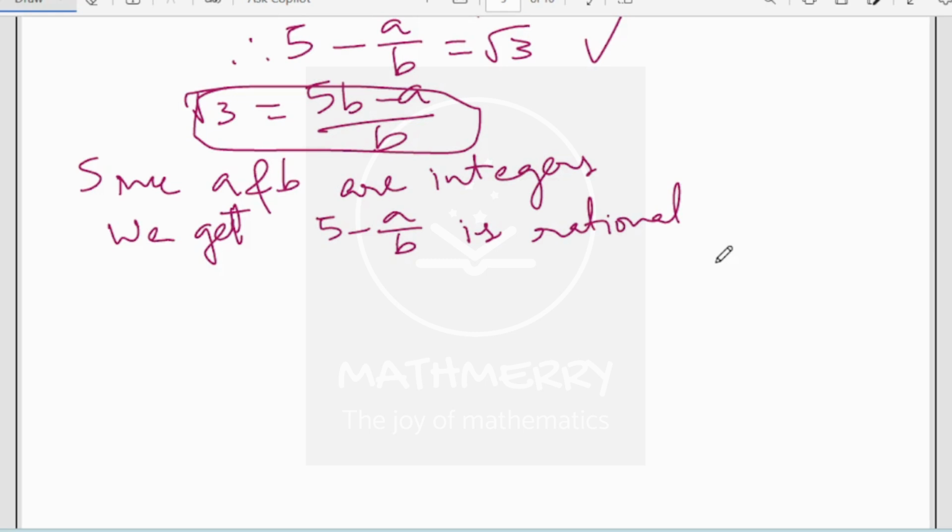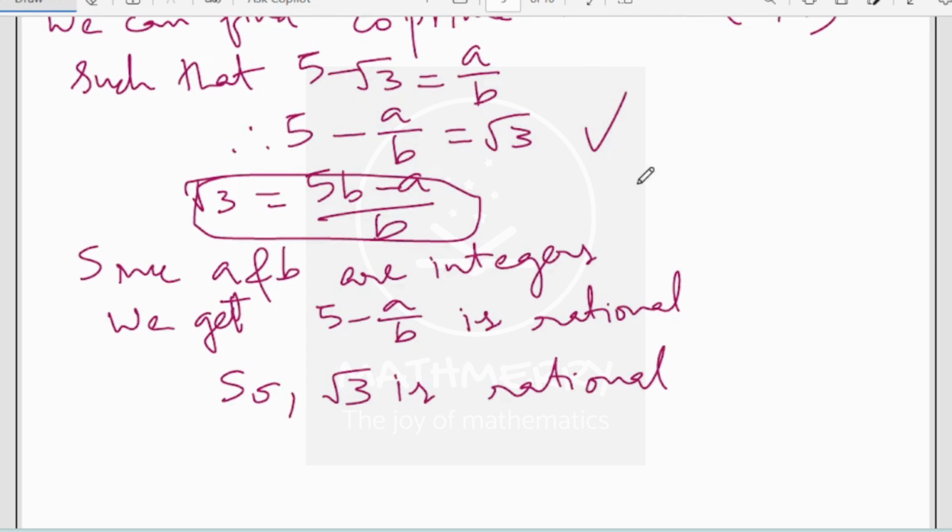So if 5 minus A by B is rational, then we can say that root 3 is also rational. It's the other side of the equation. So root 3 is rational. If you look here, we have A and B, both integers.